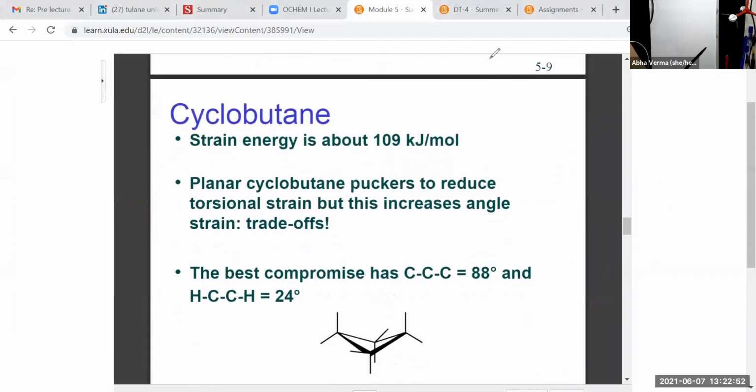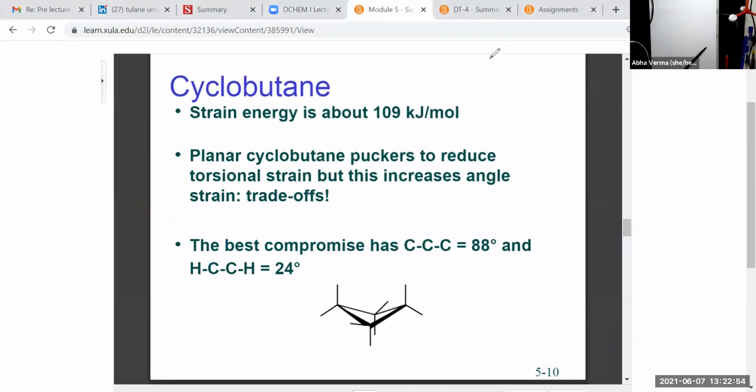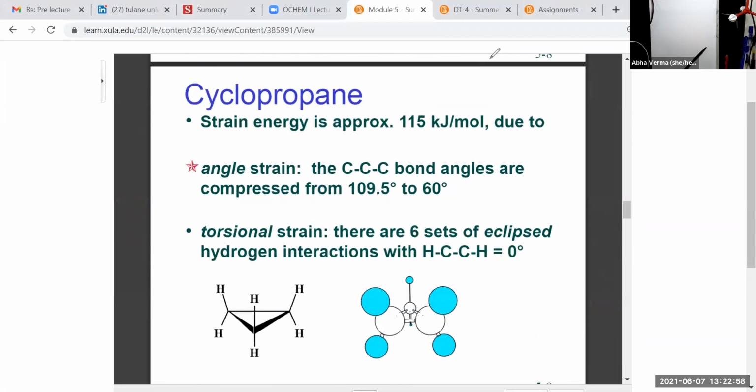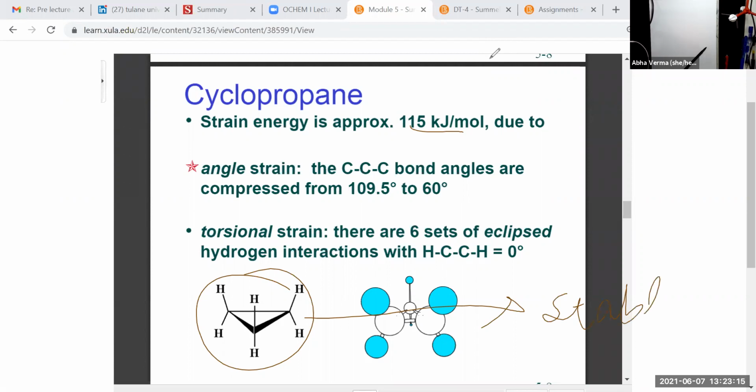So cyclobutane. Cyclobutane is also not far from being a strainful molecule. In cyclopropane, the strain energy is 115. What does that mean? It means it's quite unstable. It is ready to be reacted and come back to its more stable form.